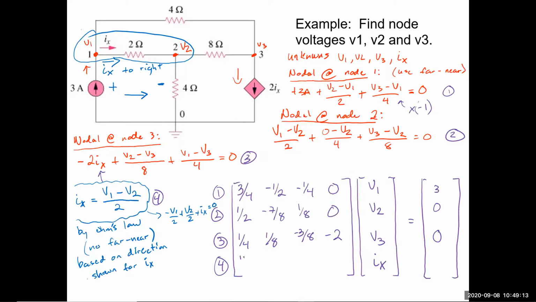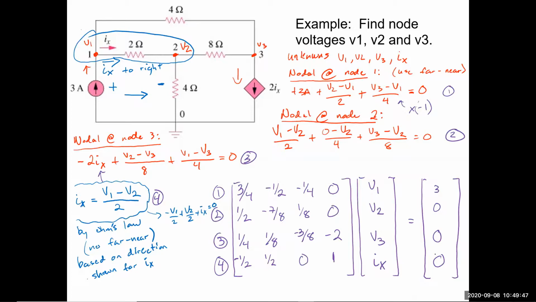There's no V3 in that expression. That makes sense because Ix doesn't depend on V3. It's only dependent on V1 and V2. Yes, thank you, the V1 coefficient should be negative. So it's a minus 1/2 on V1, plus a 1/2 V2, plus nothing in V3, plus a 1 Ix, all equal to 0.